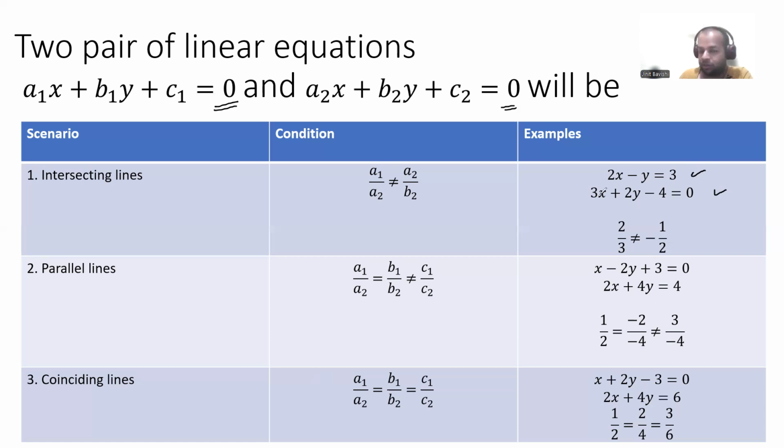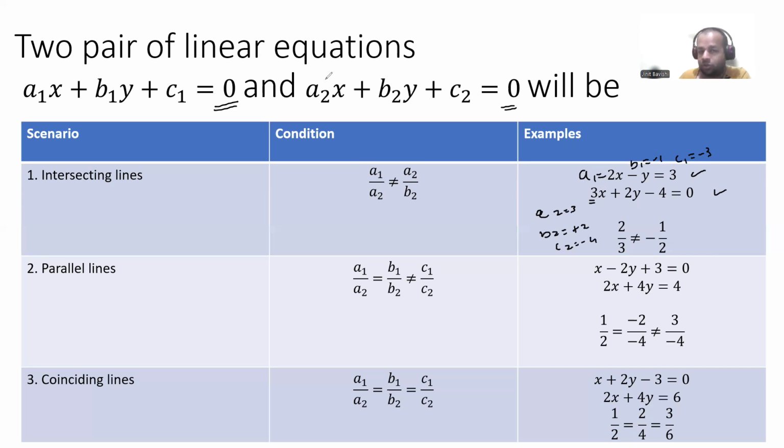By doing so, we get A1 as 2, B1 as minus 1, and C1 as negative 3. In the same way, A2 is 3, B2 is 2, and C2 is minus 4.